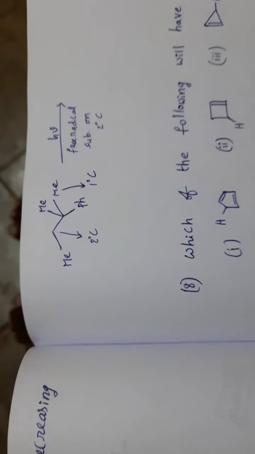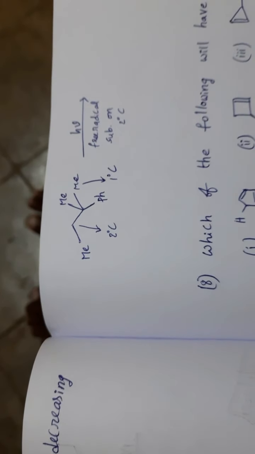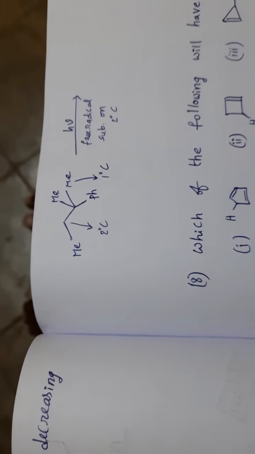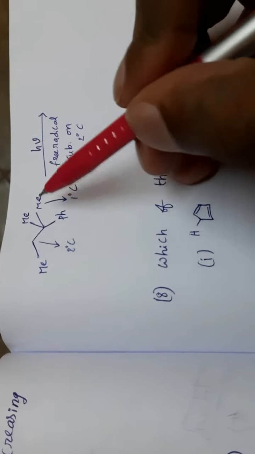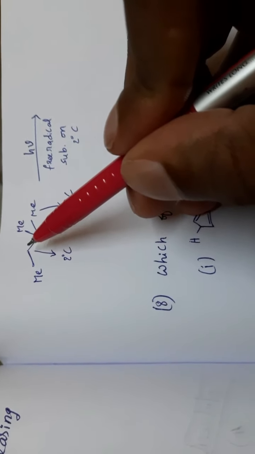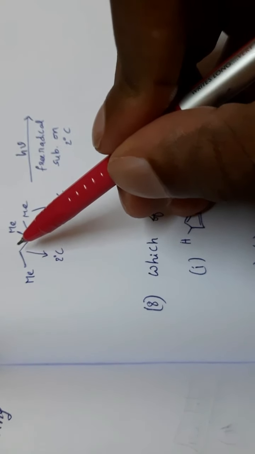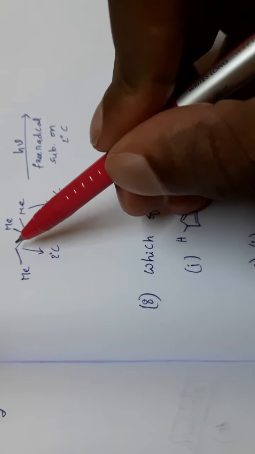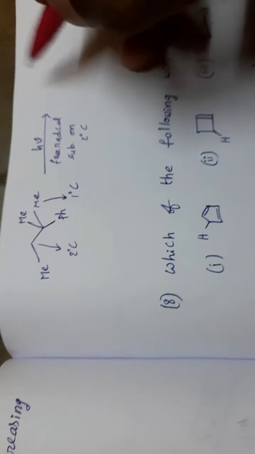Because if we see the stability of free radicals, tertiary carbon is more stable than secondary, which is more stable than primary. So between these two carbon atoms, free radical is developed at this position, then it gives a secondary free radical. It has more stability. That's why at this place free radical is formed.